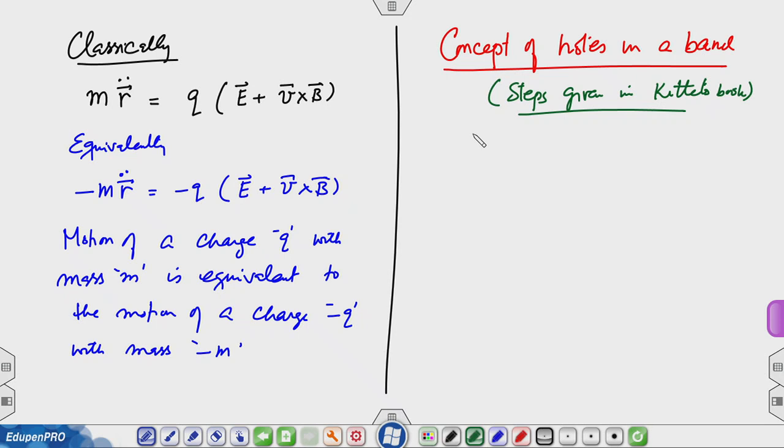If you look at a band, and this has these electrons and a vacant state. The summation over k, all k, is equal to 0 by symmetry.